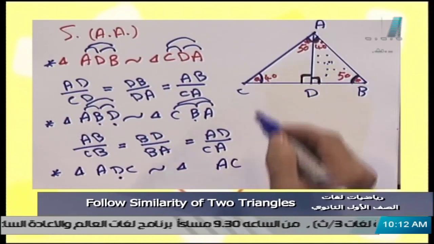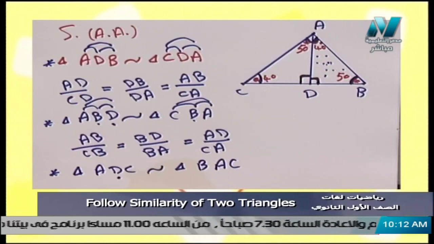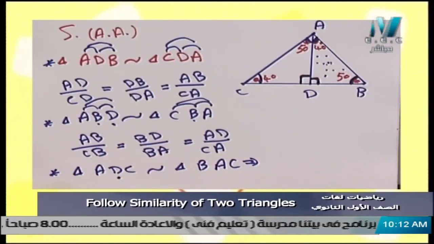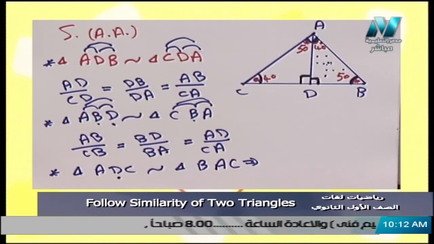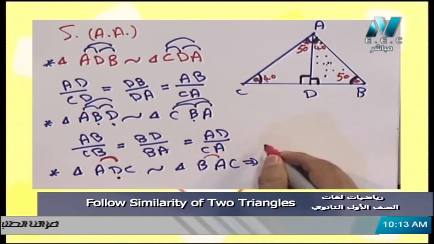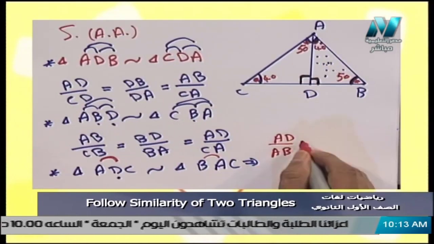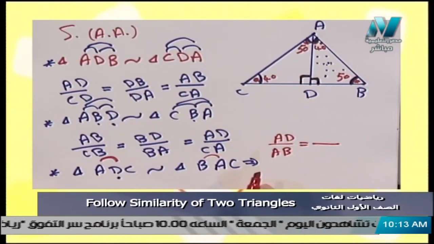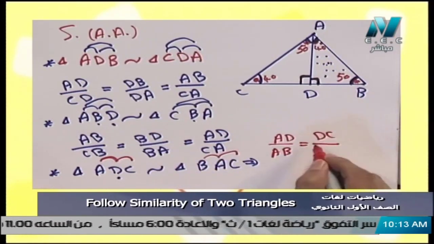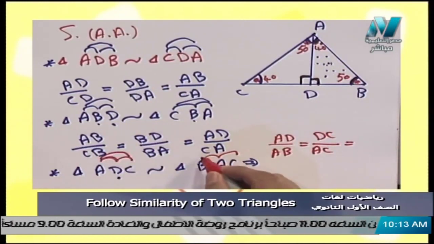So the triangle CAB. So we can deduce easily that AD over AB, or BA, it makes no difference, equals DC over AC equals AC over BC.